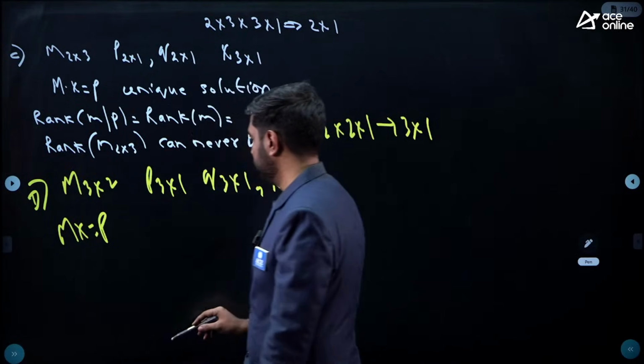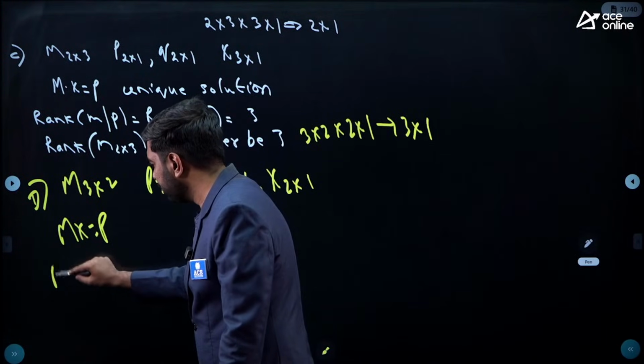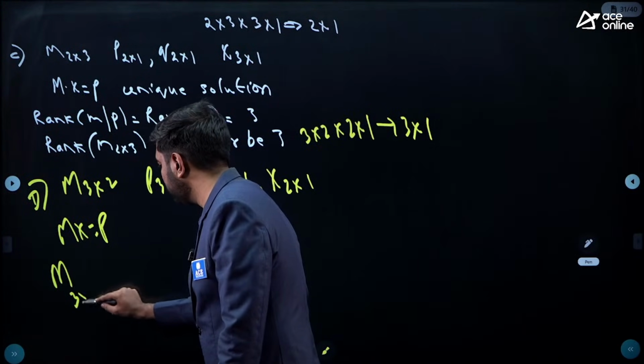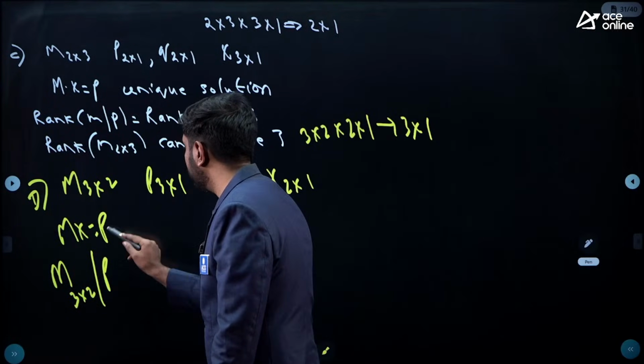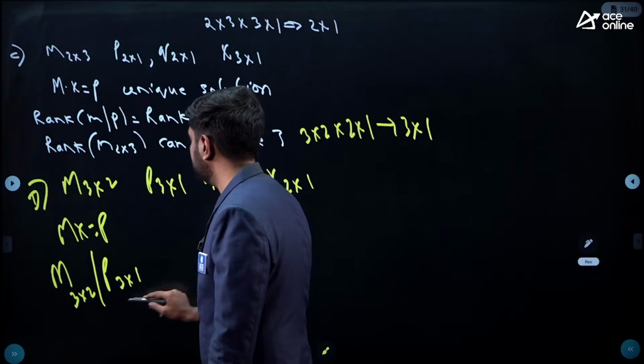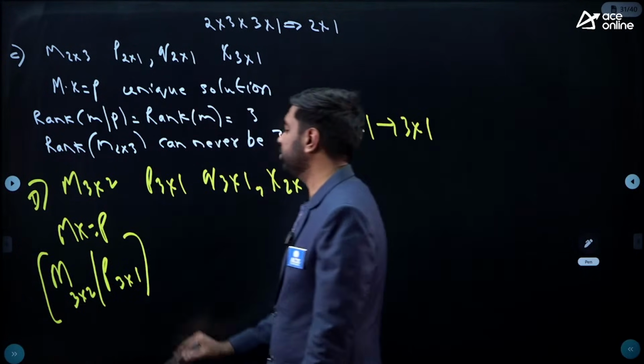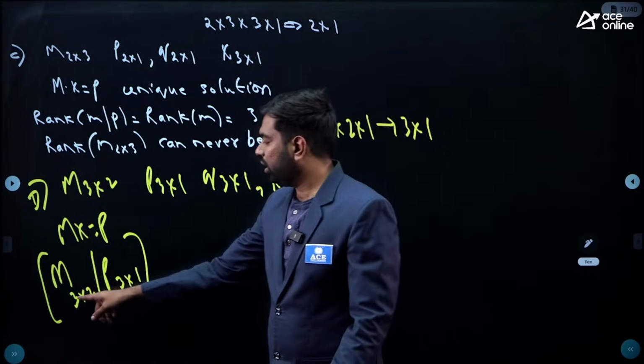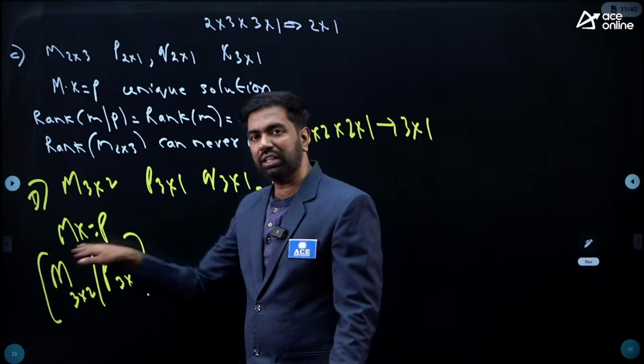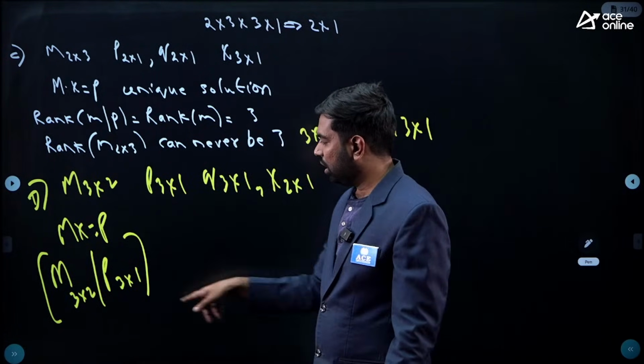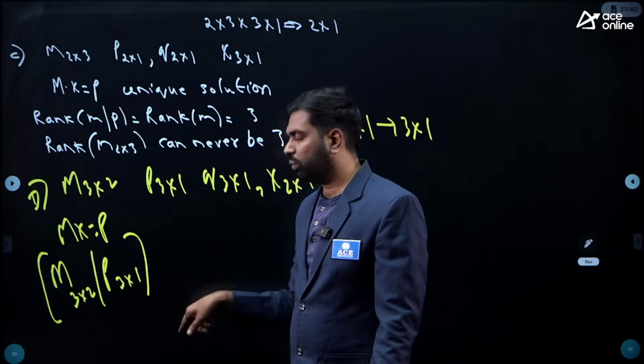So first of all, what is the order of M? It's a 3 cross 2. When it is augmented with P, P is 3 cross 1. I want to know the order of this matrix. Already this 3 cross 2 has 3 rows and 2 columns, and then it has 3 rows and only 1 column.